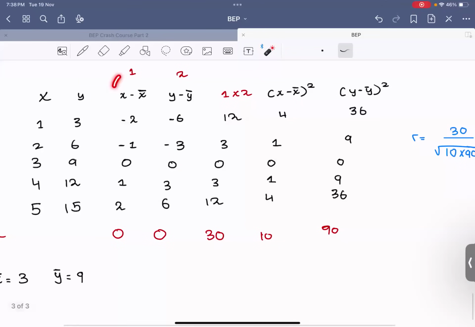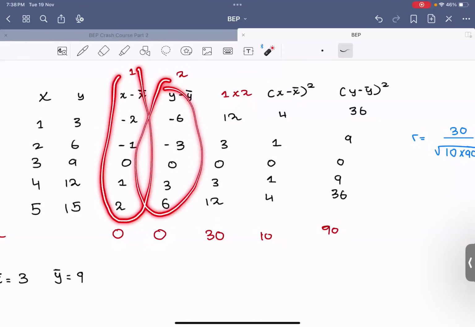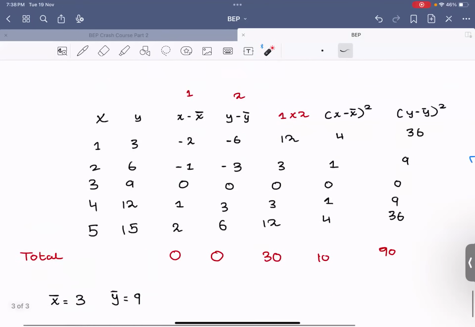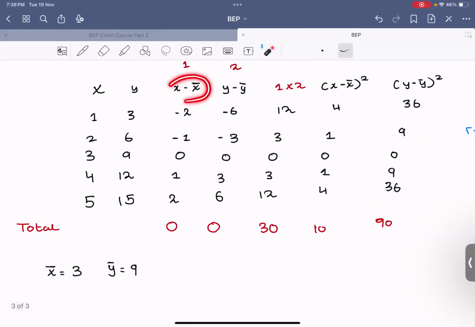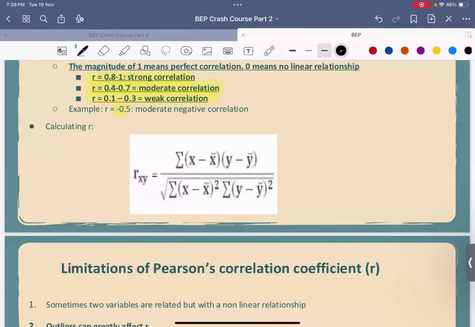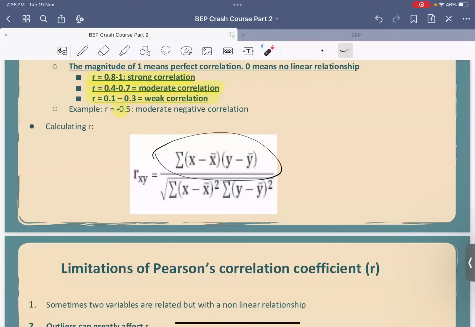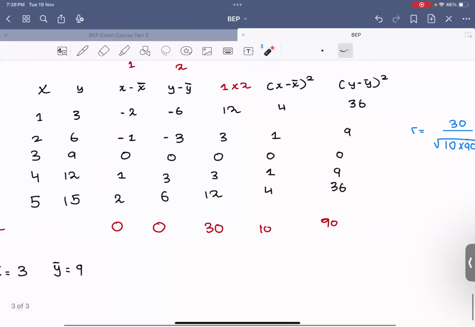So when we multiply this by this, obviously we got the mean, okay? When we multiply all of this by this, so minus 2 times minus 2 is 4, minus 1 times minus 3 is 3, 0, 0, 0, 1, 3, 3, 2, 6, 12. So the total, over here, is 30, okay? So that's the first part of the equation. Now let's look at the denominator. We need this squared, okay?